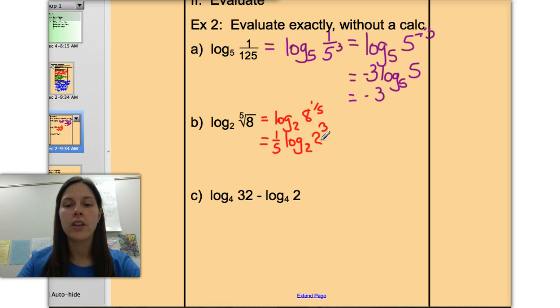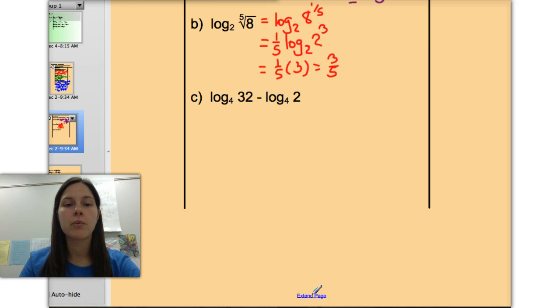So now we have 1/5 times log base 2 of 2 cubed. Of course, the log base 2 and the 2 cancel each other out, so we get 1/5 times 3, and hopefully you guys remember how to multiply fractions, and that gives us 3/5.